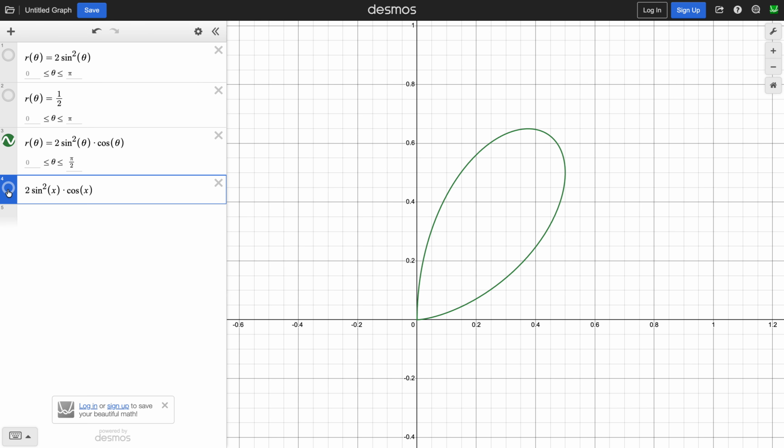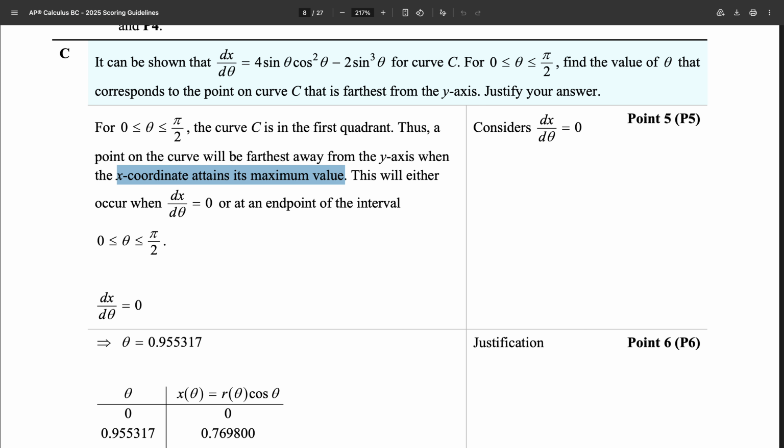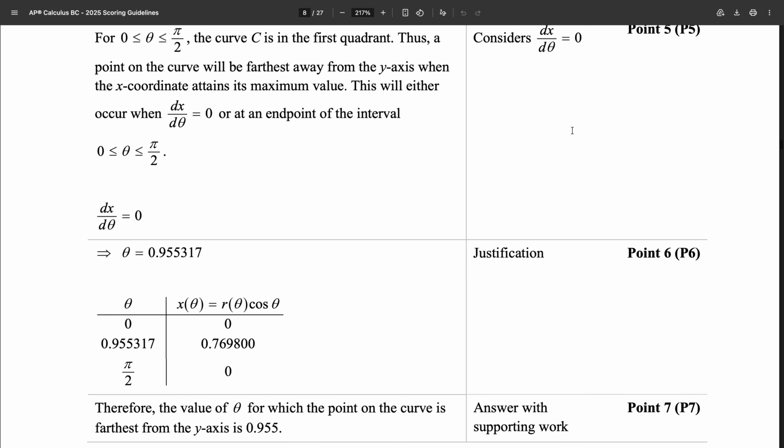So this is saying that when theta is 0.955, then we're going to get an x component of whatever this is right here. Now, of course, on part C, they gave you the derivative, so you want to use the derivative, set that equal to 0, find your critical points, and then plug in using r cosine theta and call it a day.